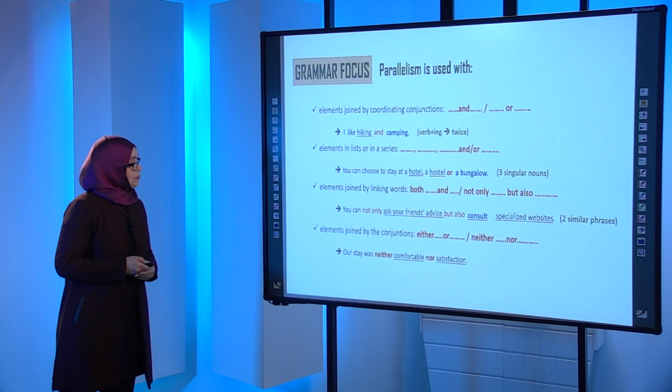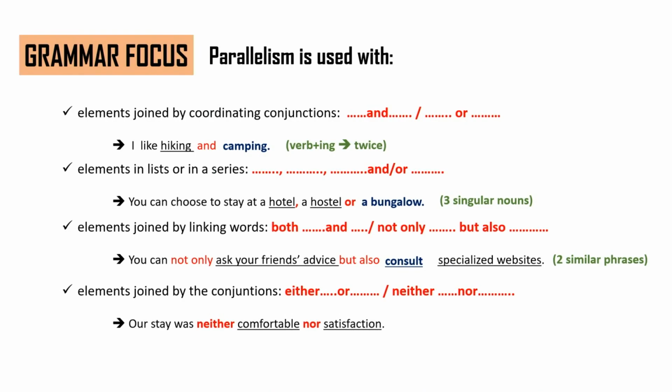Parallelism is also used with elements joined by the conjunctions either or, neither nor. Let's study this example again. Our stay was neither comfortable nor satisfaction. So what do we have here? Comfortable is an adjective, but satisfaction is a noun. Let's restore the balance. Very good.